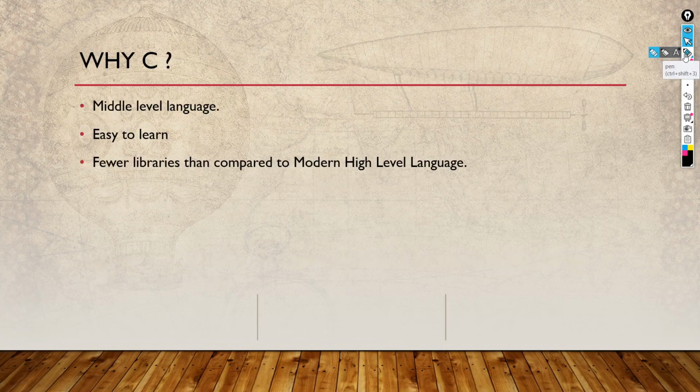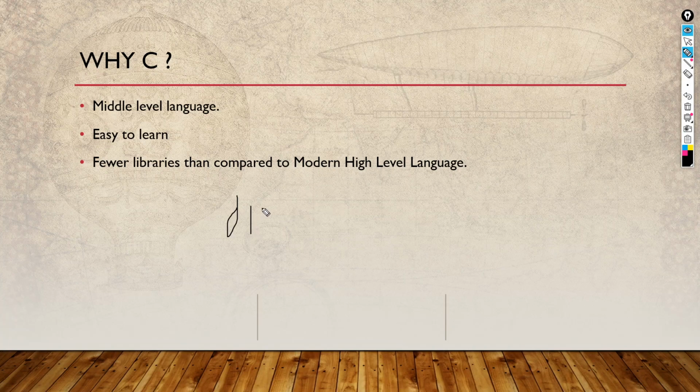Now, why C? We all know C is the mother of all languages, and I love C very much. There are three kinds of languages: low level, mid level, and modern high level. Low level languages are assembly language and machine language, which work with 0 1 0 1.